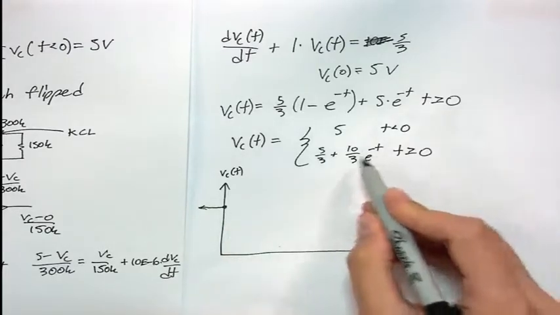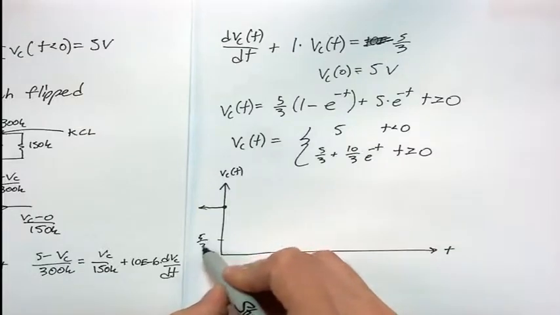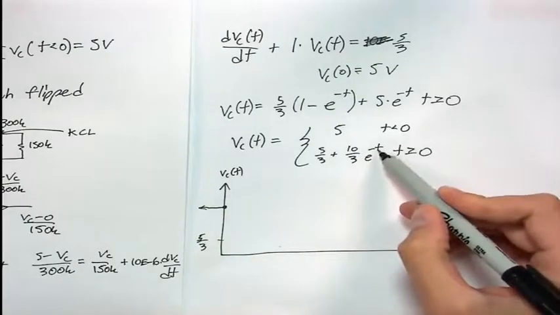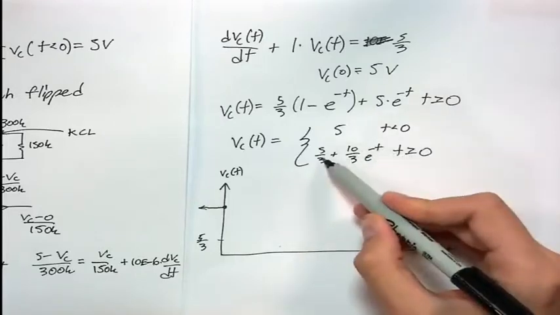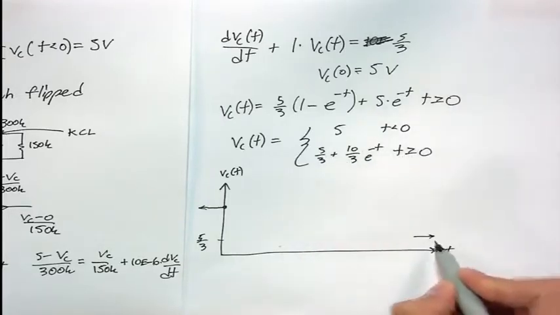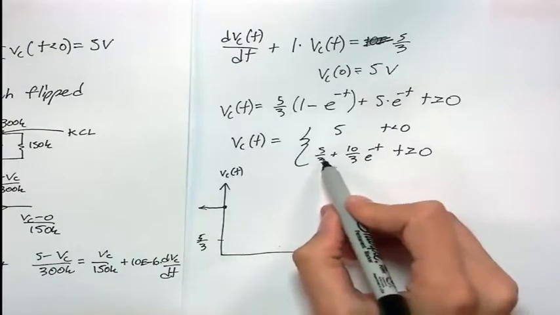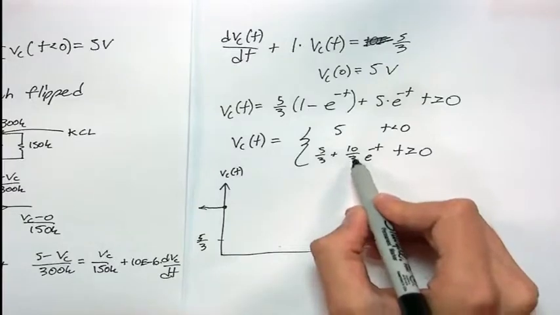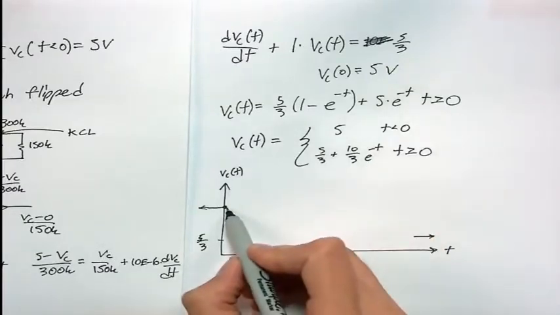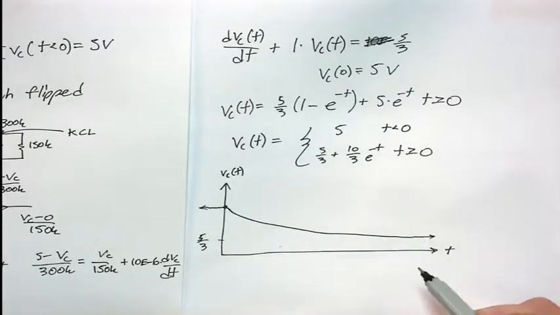And we know that the circuit ends up at 5/3, because as t goes to infinity, this term drops out and we're just left with 5/3. So it approaches this level here. And in between, we have this transient response of 5/3 plus 10/3 e to the negative t. There's an exponential curve that connects these two points.